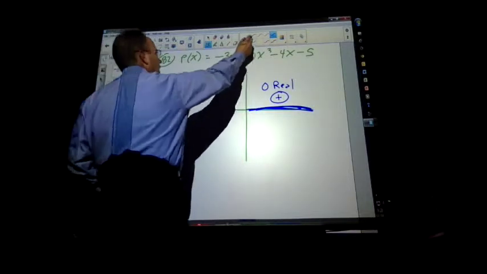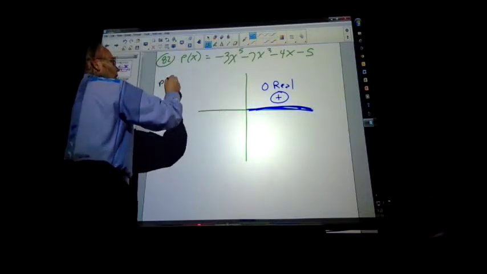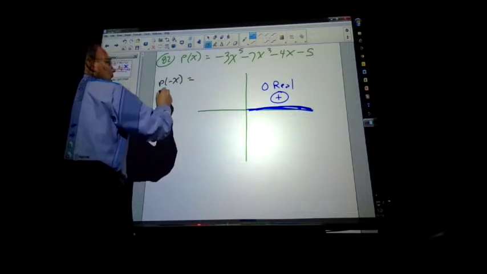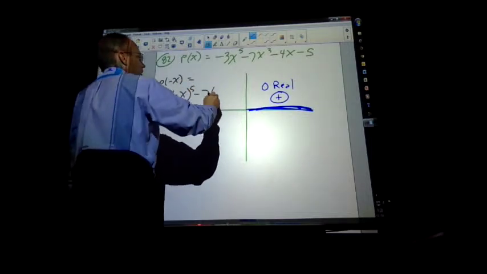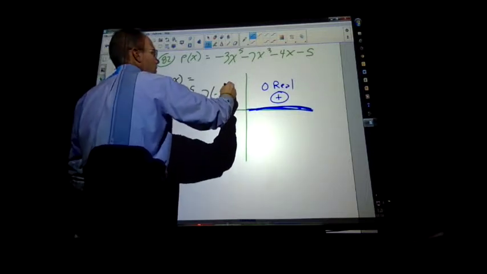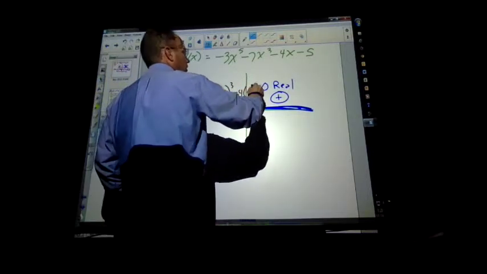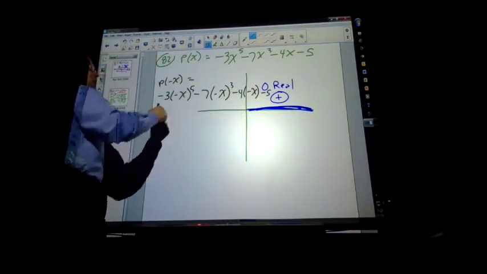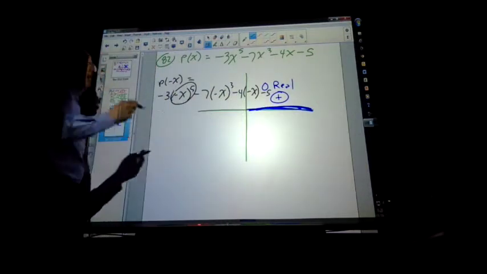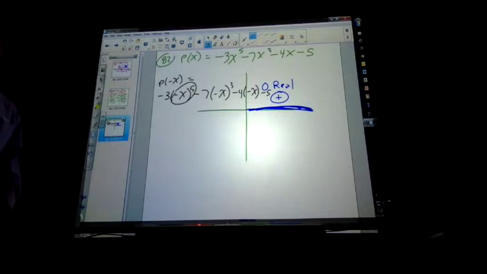So then I'm going to take negative x, plug it in. So I'm going to get negative 3 times negative x to the 5th, minus 7 times negative x to the 3rd, minus 4 times negative x, minus 5. If I had negative x raised to the 5th power, does this produce a negative x to the 5th still? Yep.